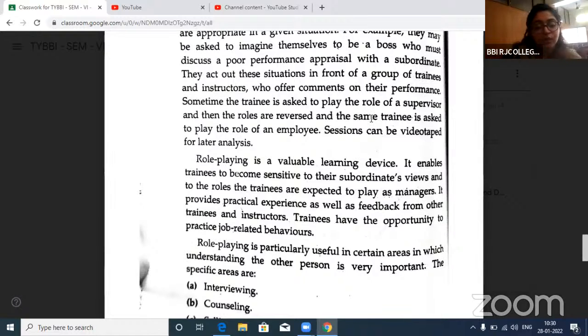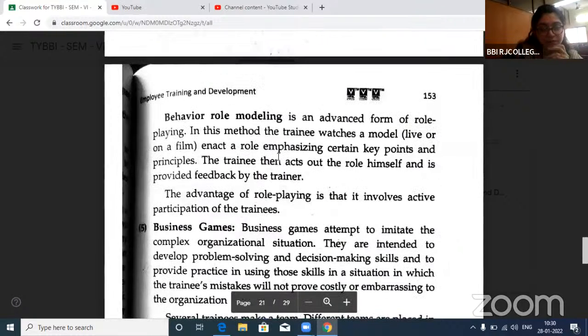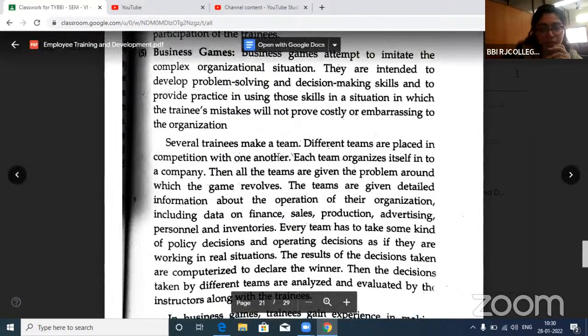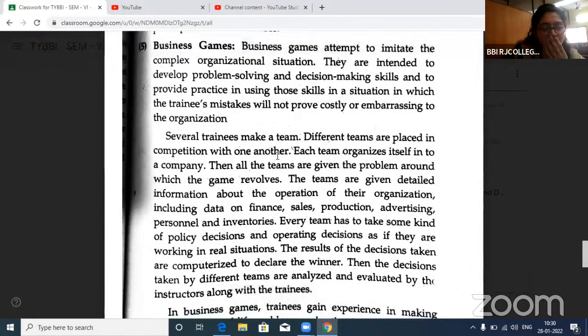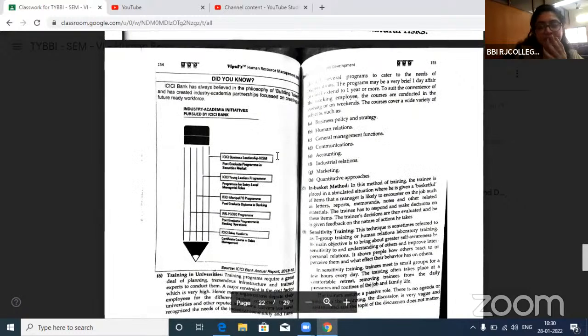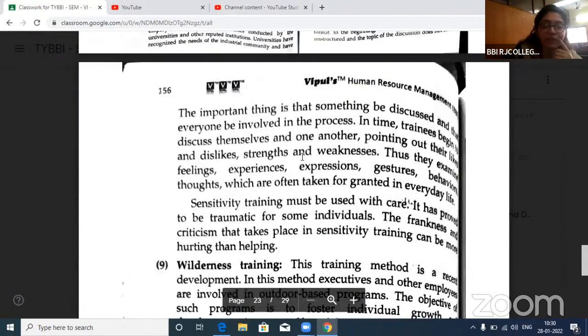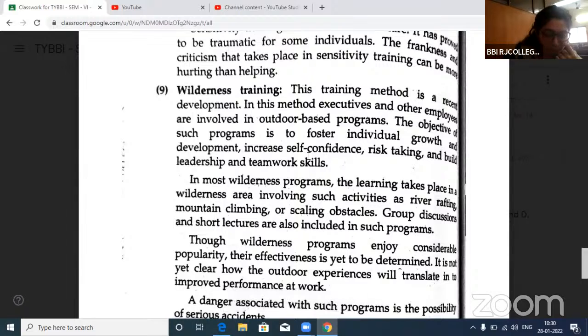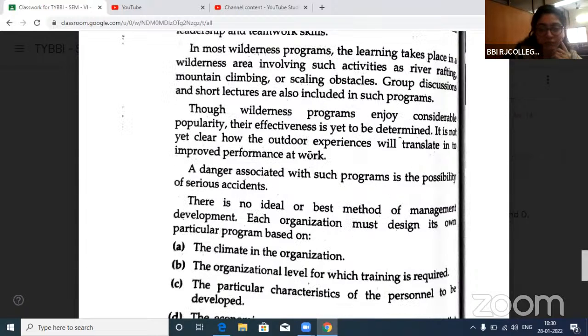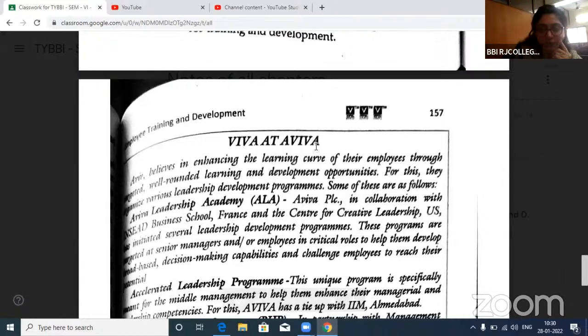So how will you assign the projects to employees? If you are an employer, what work will you assign and what work will you take for yourself? Okay, so role playing, business games, then we have in-basket method, sensitivity training, wilderness training. Okay.